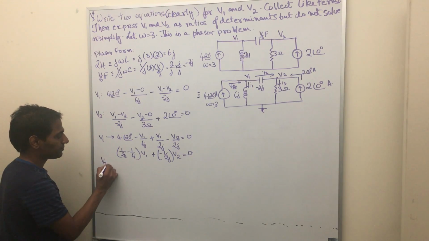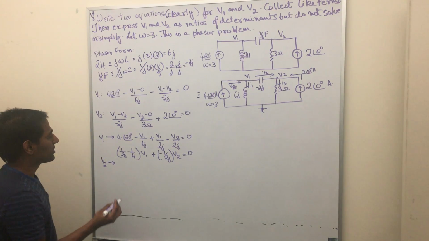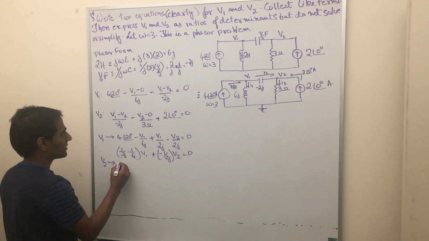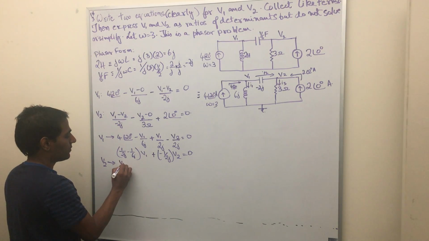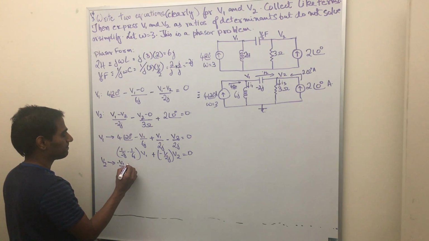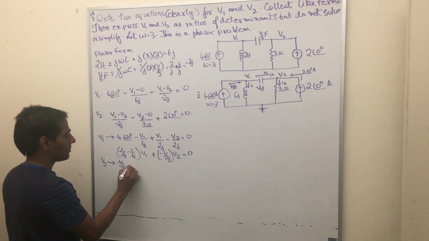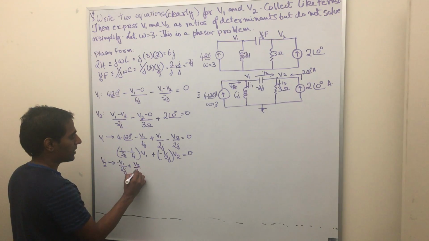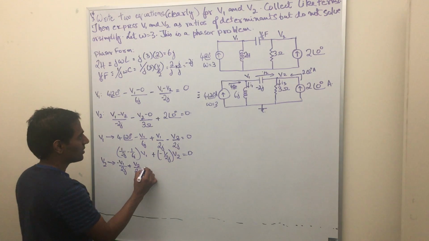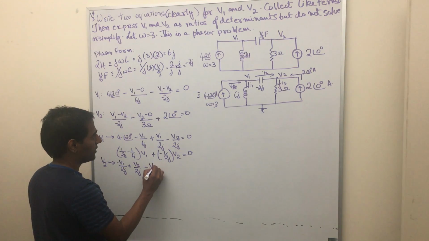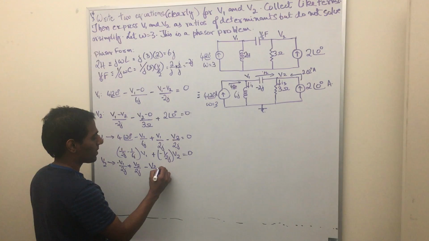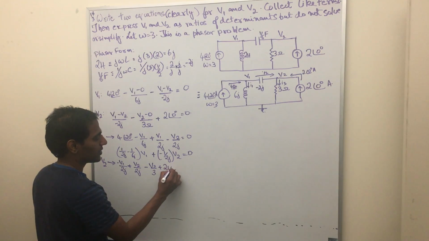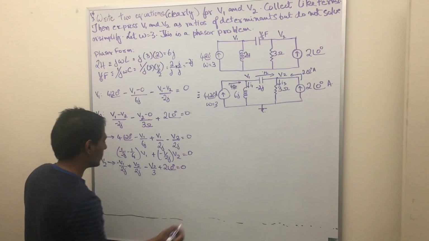And for V2 you can represent it as V1 minus V1 by 2j plus V2 by 2j minus V2 by 3 plus 2 at an angle 0 should be equal to 0.